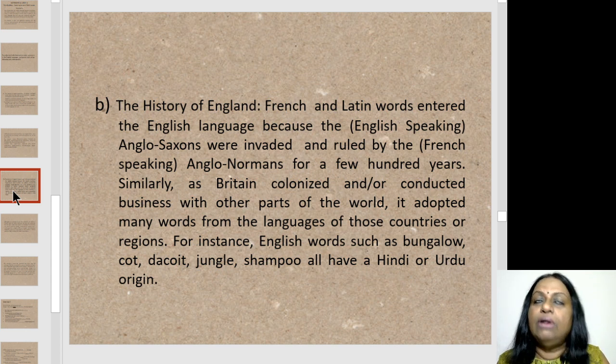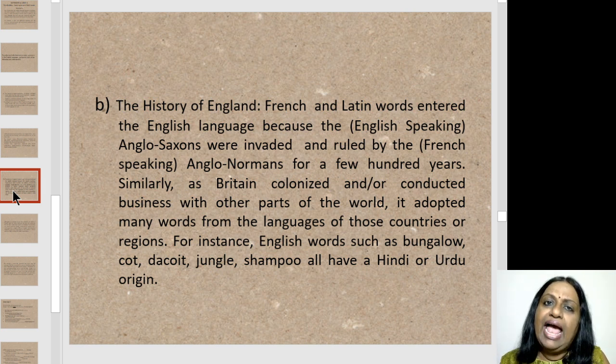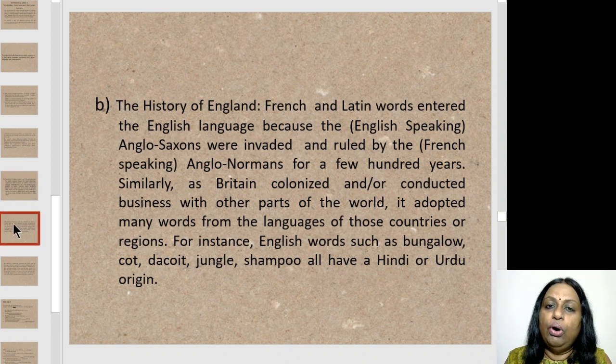Similarly, as Britain colonized and conducted business with various parts of the world, it adopted many words from the languages of those countries or regions. For example, there are many Indian words in the English language, such as bungalow, cot, dacoit, jungle, shampoo. All this comes from Hindi or Urdu origin.